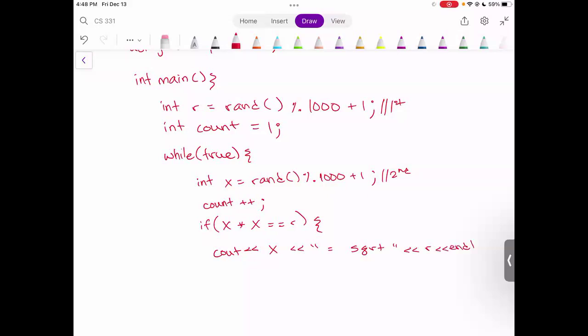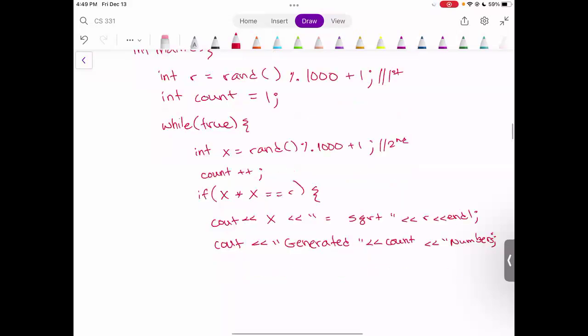And we close that off. And then we say how many numbers were generated, and then we return 0. That's if they equal each other after the multiplication.